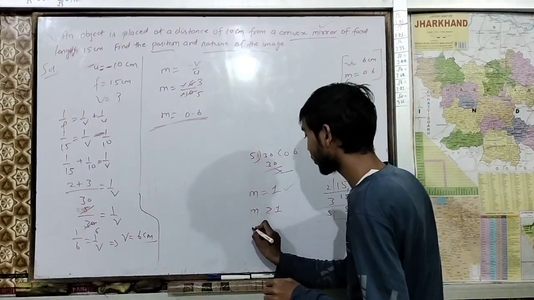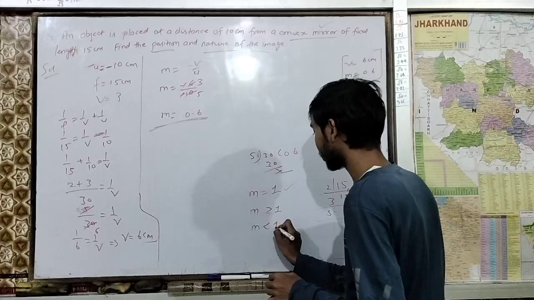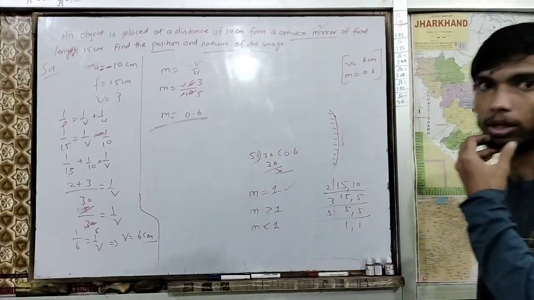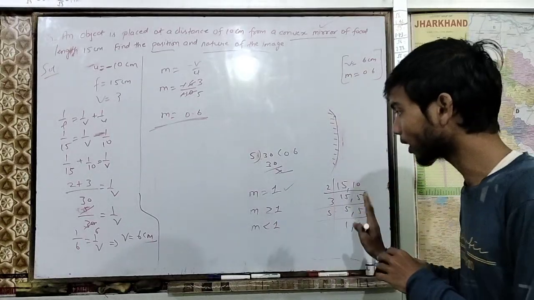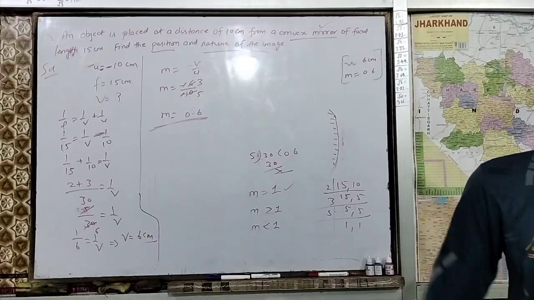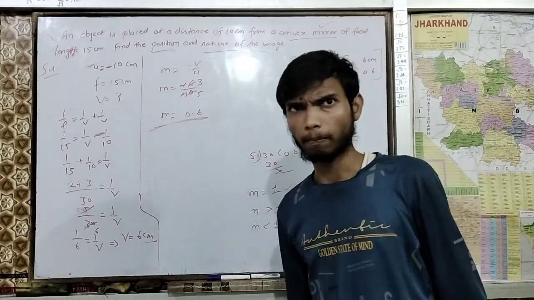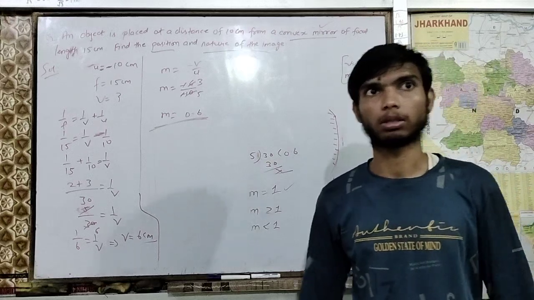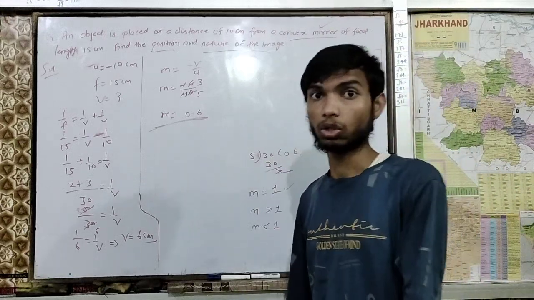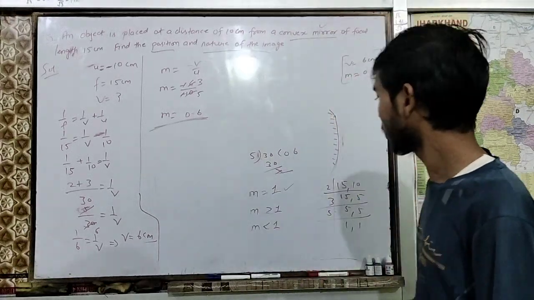Now what if m is less than 1? The value of m can be 0.5, it can be -1, or -6.